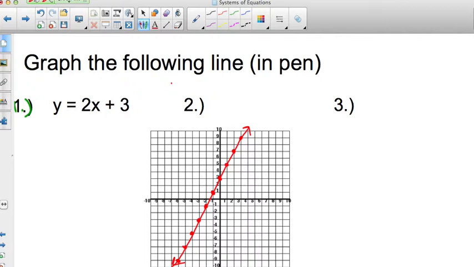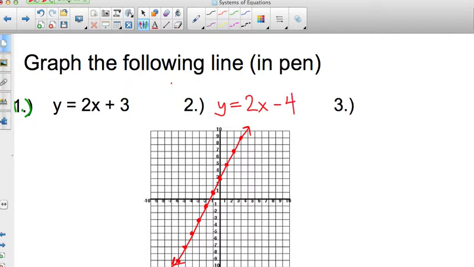Okay, for the second line, raise your hand if you need more time. You can do it in the same color pencil, or if you have another pen, you can use a different color for the third line. But for the next line, number 2, I want you to graph y equals 2x minus 4.